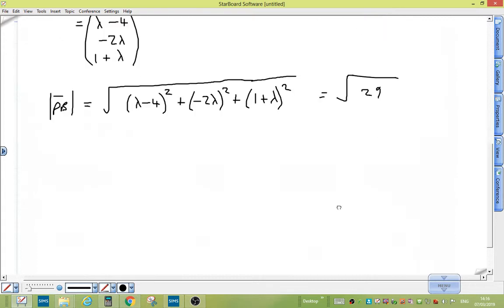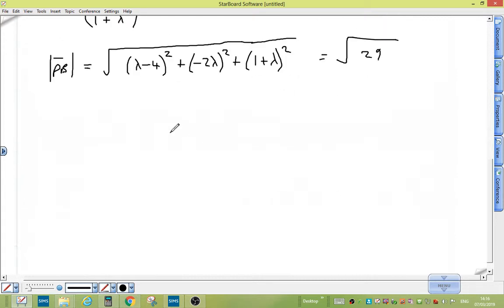So I can square both sides to get rid of the square roots, and expand these out because there's no common factors. That goes lambda squared minus 2 lots of the middle times together gives you 8 lambda, and that squared is plus 16. That squared gives you positive 4 lambda squared. That squared gives you 1, that times that doubled gives you 2 lambda, and that squared is lambda squared, equal to 29 because we squared both sides.